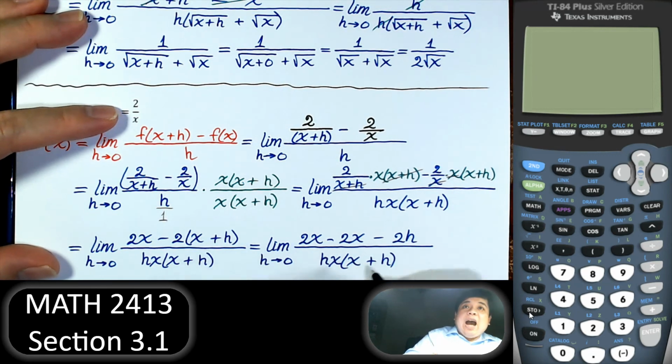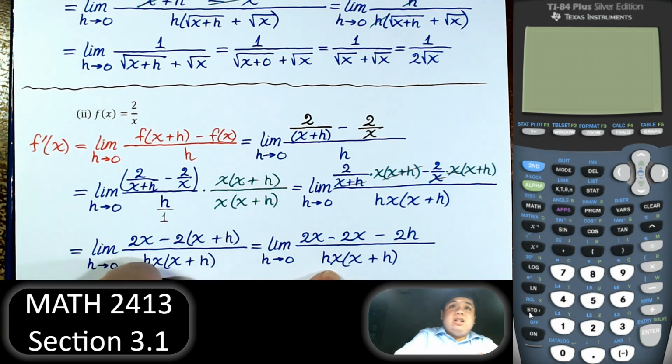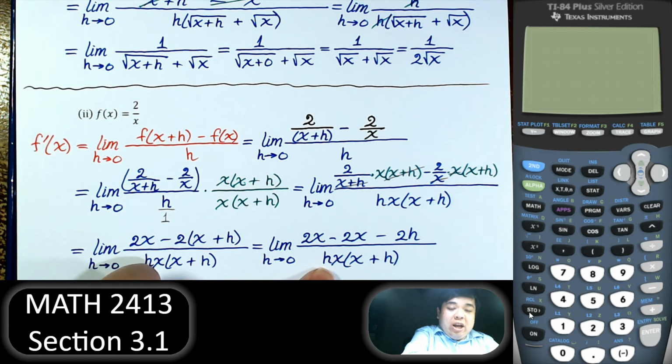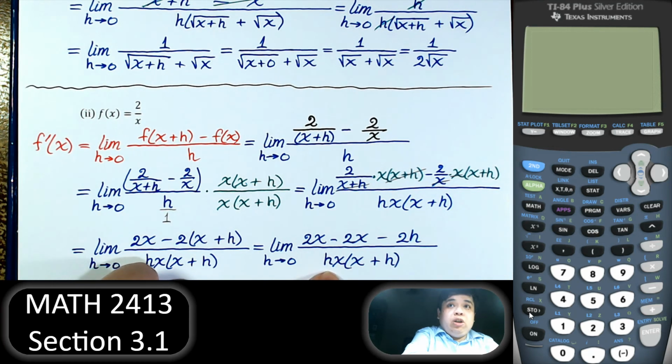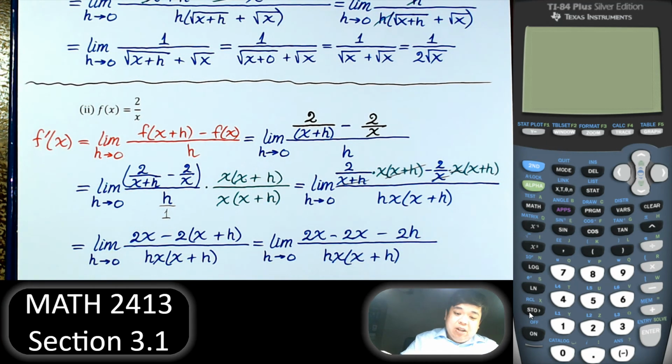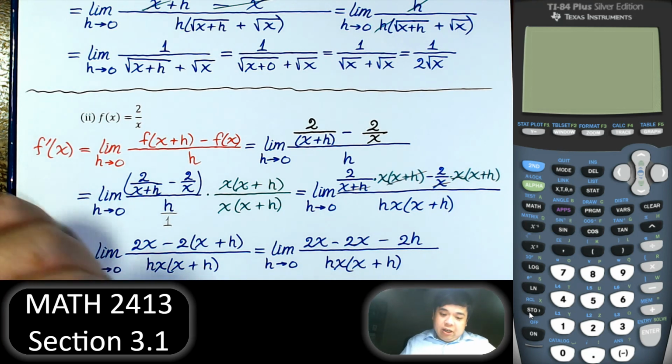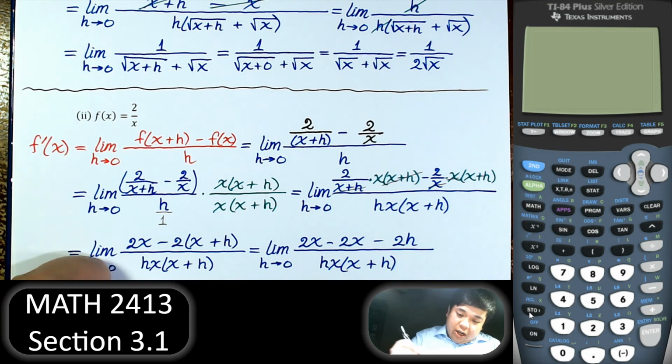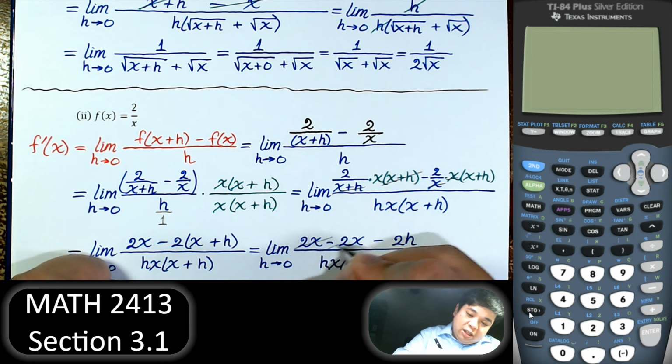Once again, I do not want to multiply the denominator out, because of the h there when h goes to 0. I prefer to keep the h there to simplify with something. So the step that we see is first, every term without h will be simplified. Everything without an h, so you see 2x minus 2x.